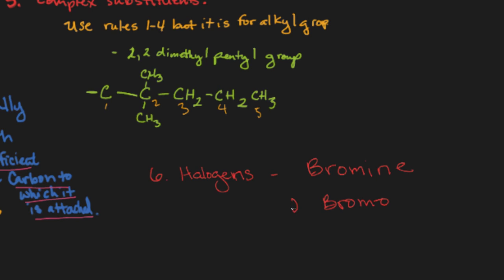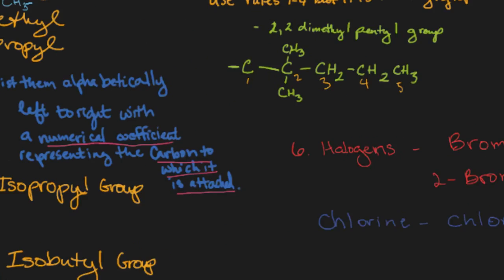So it'd be like 2-bromo or something like that. Or if we have chlorine, it becomes chloro. And so forth, iodo. All right, that's basically the concept of nomenclature.